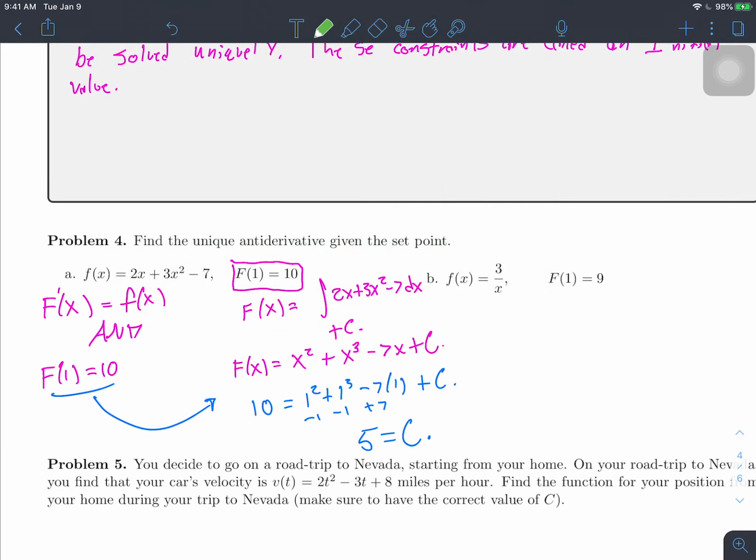So, looking back at my equation here in green, I know that F of x equals x squared plus x cubed minus 7x plus c, and I know that c is equal to 5 because of the initial value. So my final answer is F of x equals x squared plus x cubed minus 7x plus c.